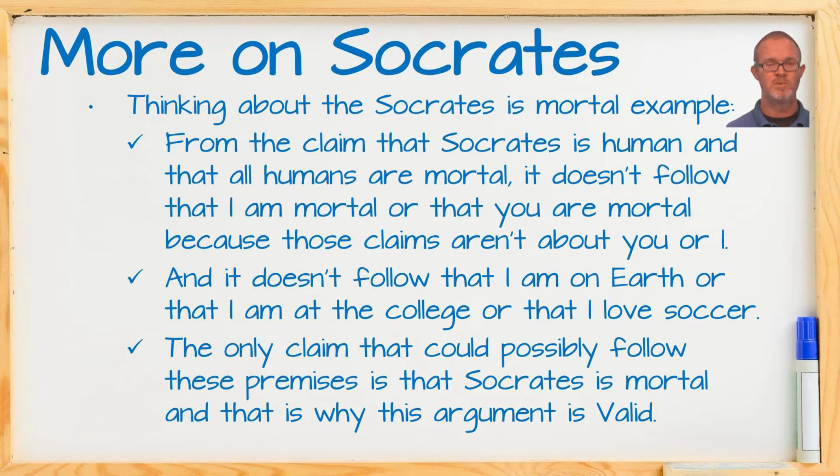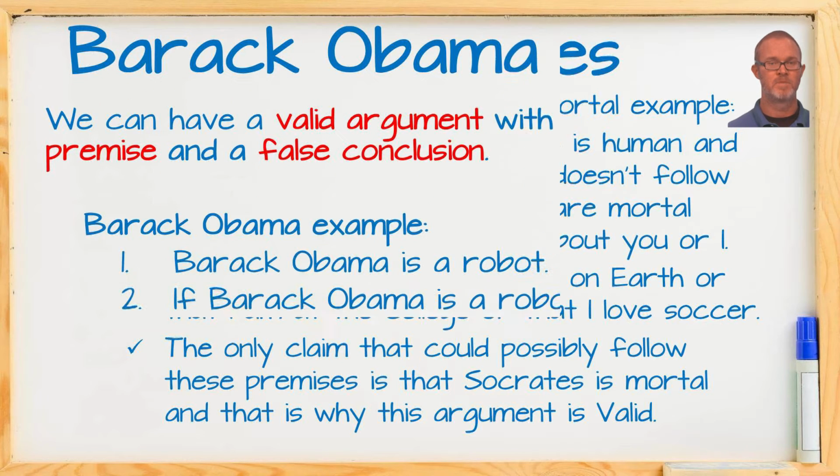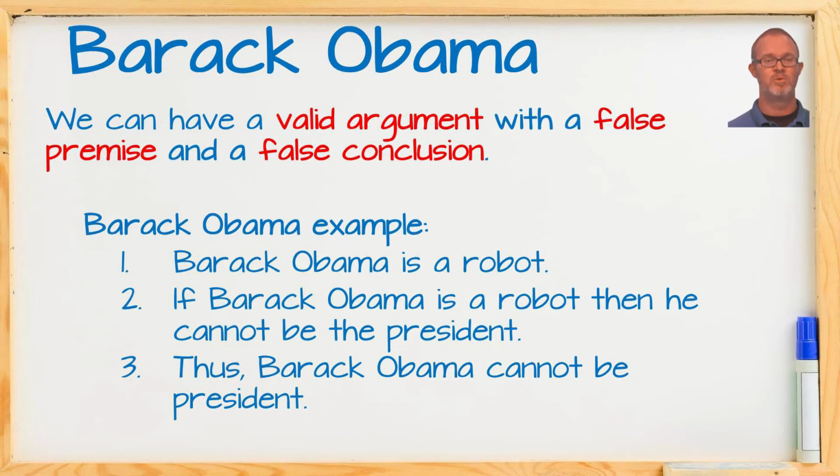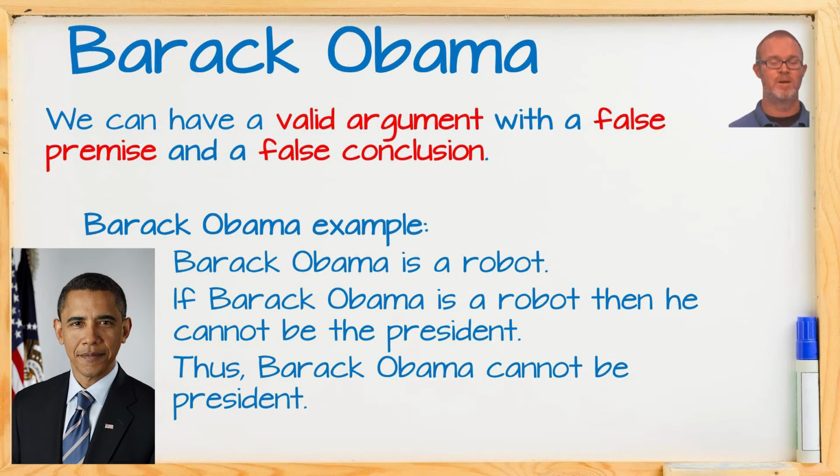Because the premises aren't about those things. And so the only possible conclusion that could follow from those premises is, in fact, that Socrates is mortal, and that is why the argument is valid, and that is the idea of the necessary connection between the premises and conclusion. Okay?